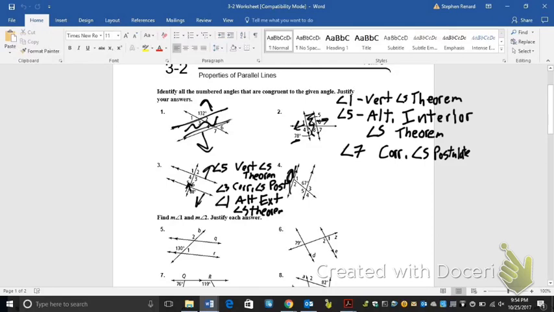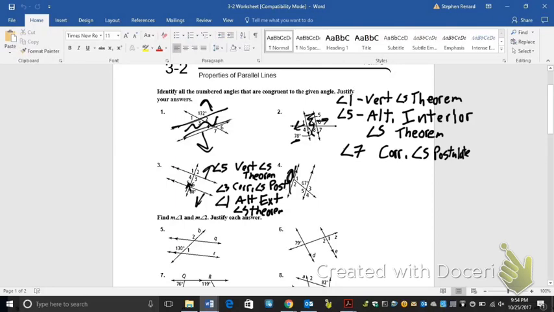So that's out. Corresponding angle will be on the same side of the transversal and in a corresponding spot, which means in the same spot: the top left, top right, bottom left, bottom right. So here, that 67 degrees is top left, there's no top left on the other side.